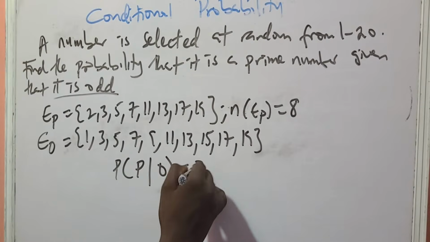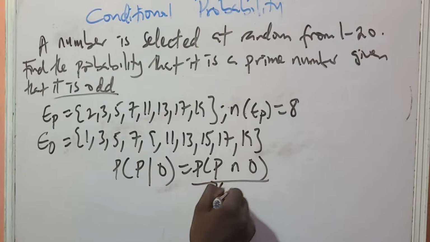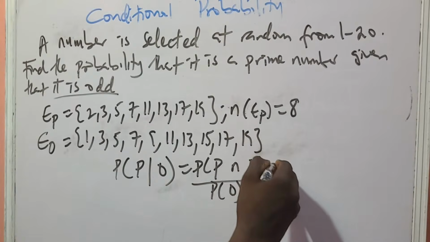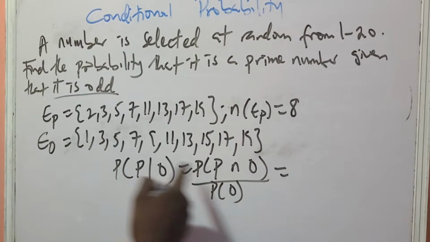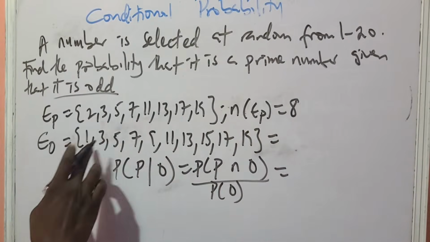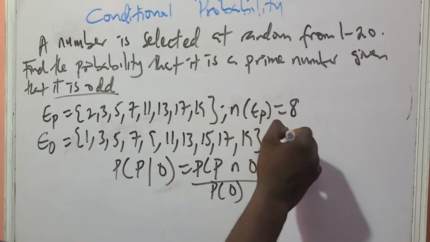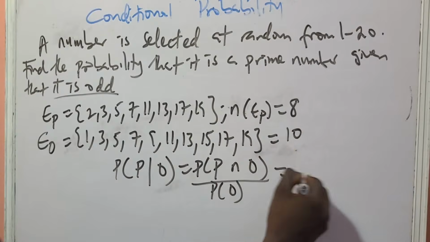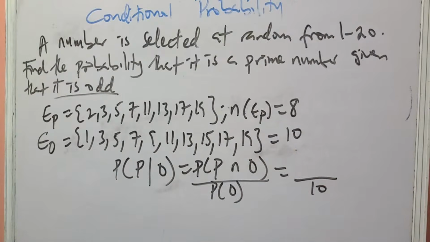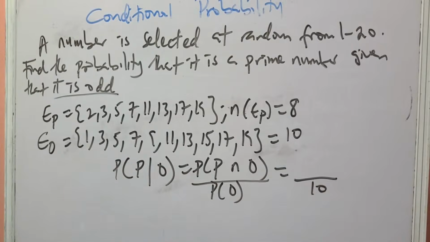Because this will be the probability of prime number intersection odd number over the probability of odd number. So, what's the number of elements for odd numbers, by the way? 1, 2, 3, 4, 5, 6, 7, 8, 9, 10. We have 10 elements. I know automatically that my denominator will be over 10 because I told you already that whatever the condition was is what your new sample space will carry.